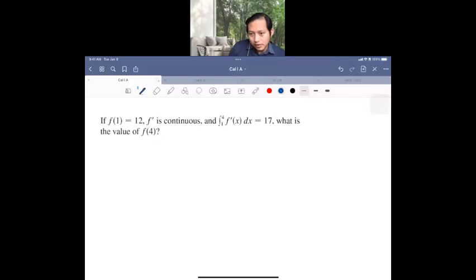What's the answer? Yeah, you can write the answer if you finish on the chat box.